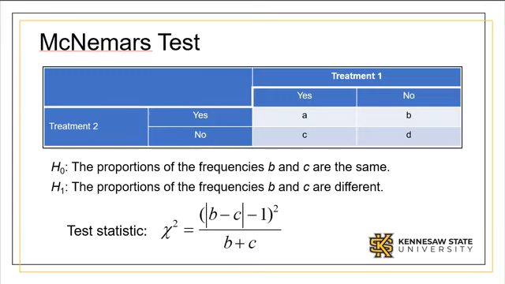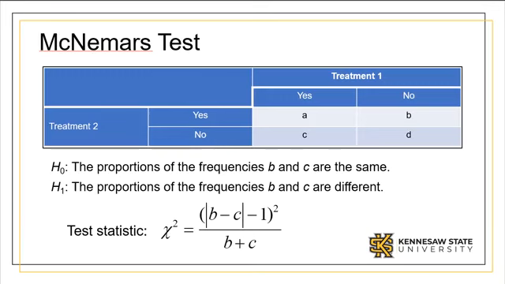Our test statistic is once again based on the chi-square given by the formula shown. Note that B and C are the counts of the discordant pairs. Discordant pairs come from matched pairs of results in which 2 categories are different. In other words, yes, no, or no, yes, in this case.